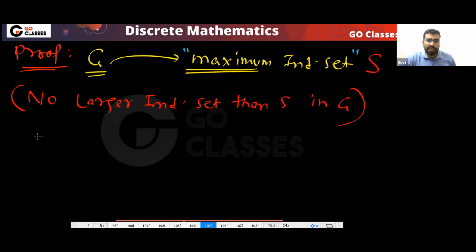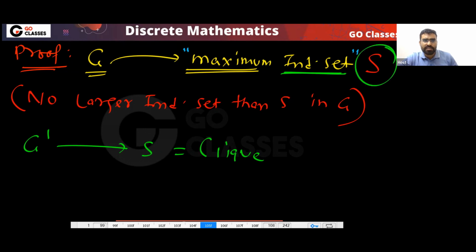Now, tell me what will happen in G complement. In G complement, what will this S be? This S will definitely be a clique. Is this clear? Because in graph G, S is an independent set, meaning in S you have pairwise non-adjacent vertices. In S, they are pairwise enemies, everyone is an enemy of each other.